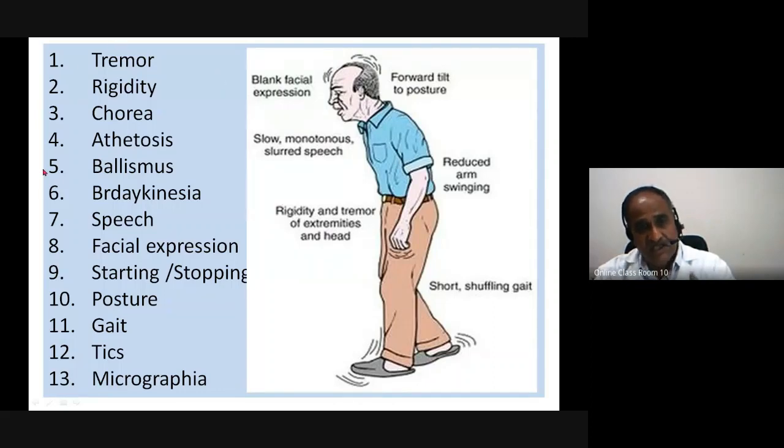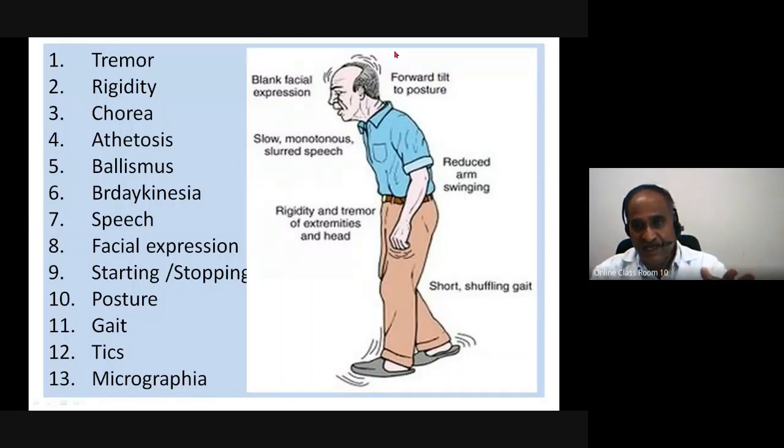All these 13 or 14 may not be there in all the basal ganglia disorders. Some may be missing, depending upon the hypokinetic and hyperkinetic circuits involved in the disorder.